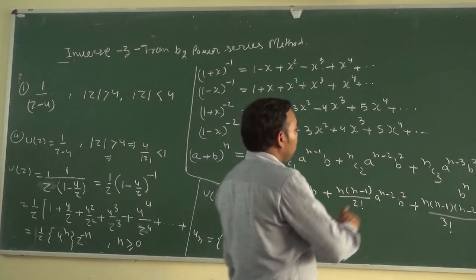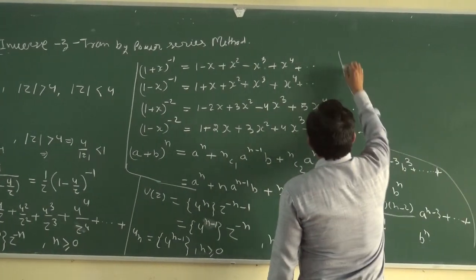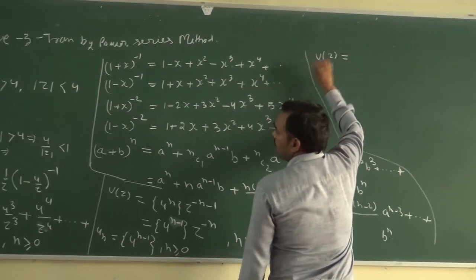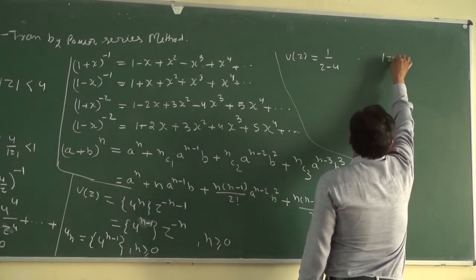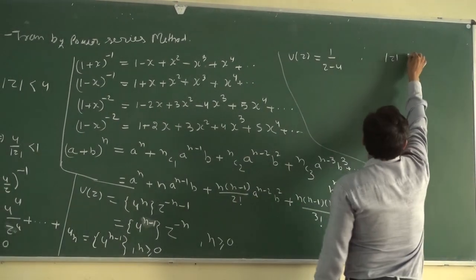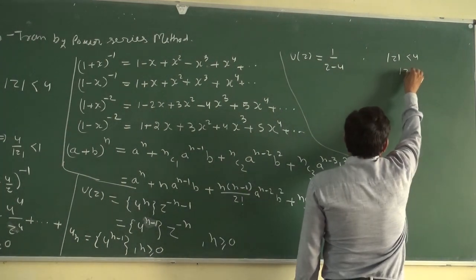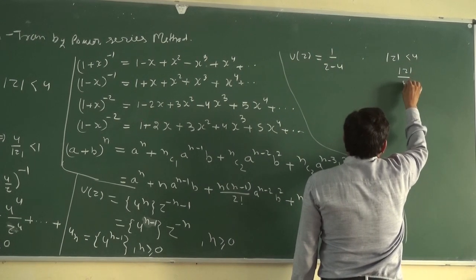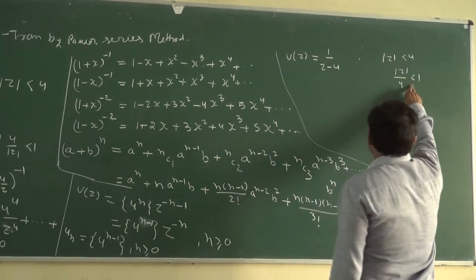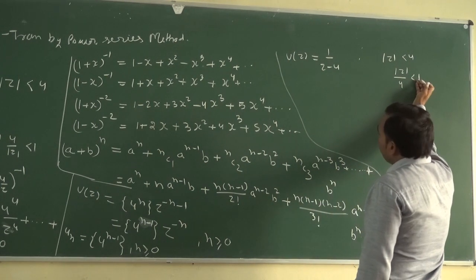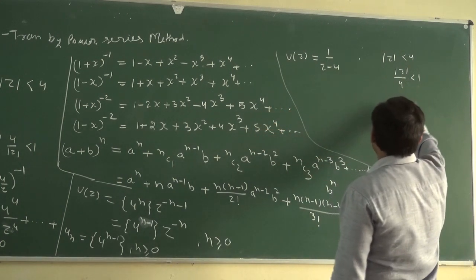Now we want to find the inverse Z transform of U of z given as 1 upon z minus 4 with region mod z less than 4. This can be written as mod z upon 4 less than 1, and as already explained, this is because the series converge if mod x is less than 1.